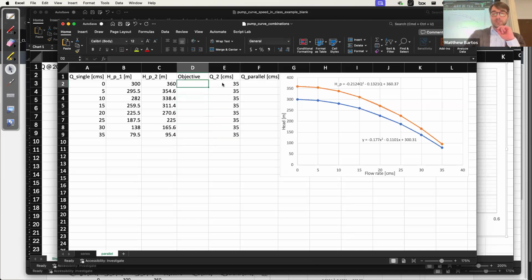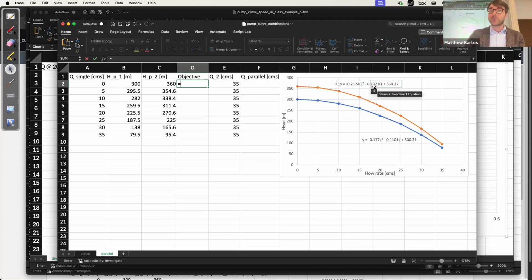And our objective is going to be equal to the value of the polynomial evaluated at our guess for Q minus the pump head that we're seeking the discharge for. So we're going to try to find the discharge that will give us a head of 300 for pump 2.